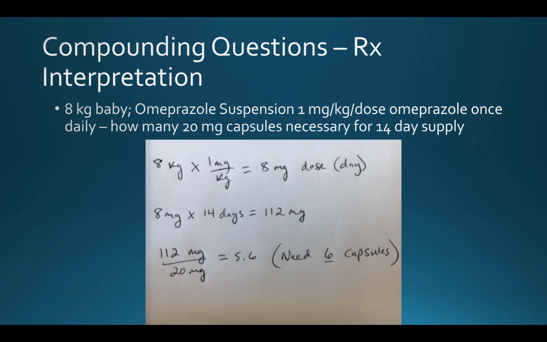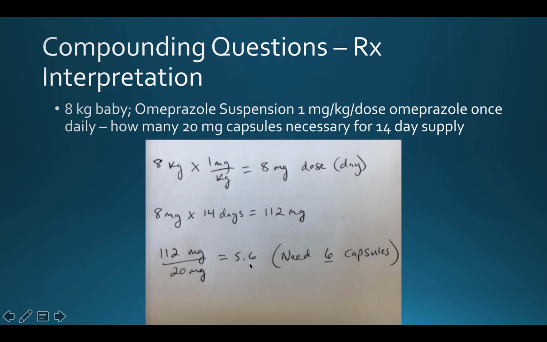So, solving first, we need 8 milligrams per dose, which is a once daily dosing, so that's also per day. 8 milligrams times 14 days, that's our day supply. We're going to get a total of 112 milligrams, and we have a 20 milligram capsule.